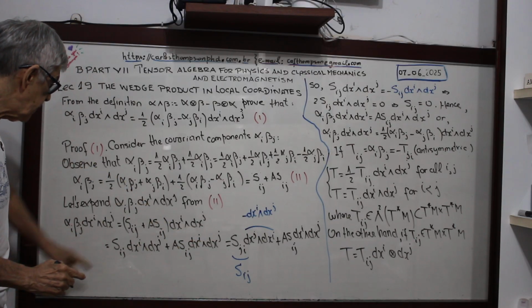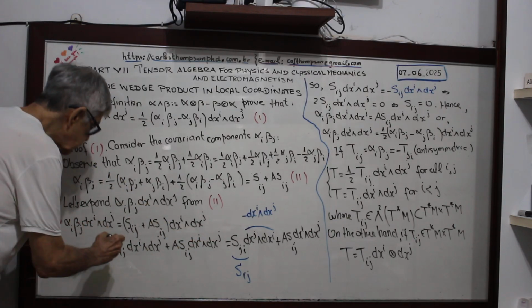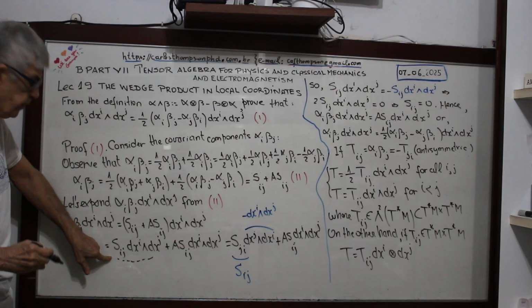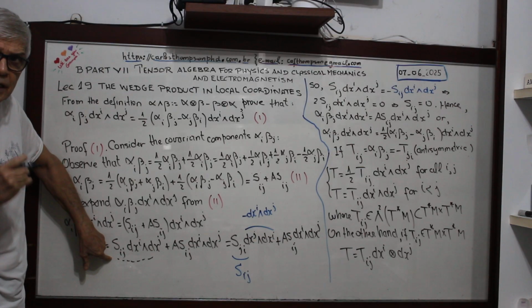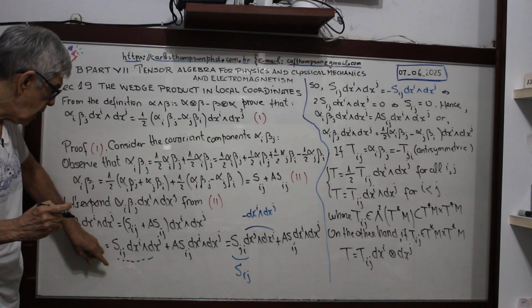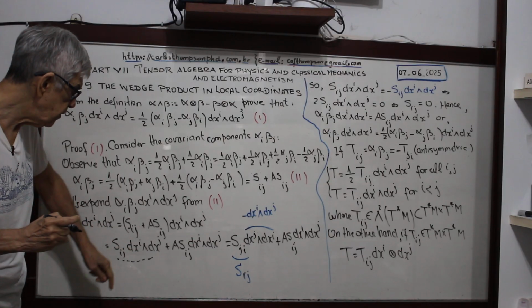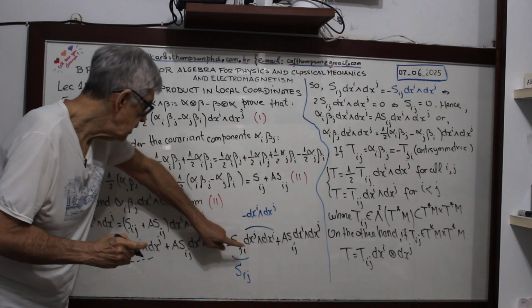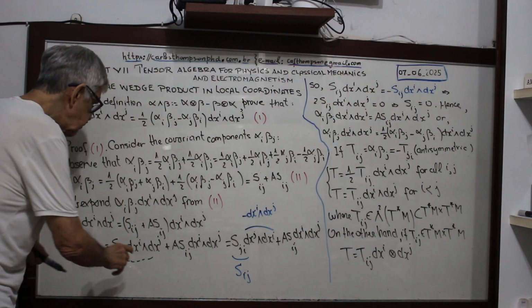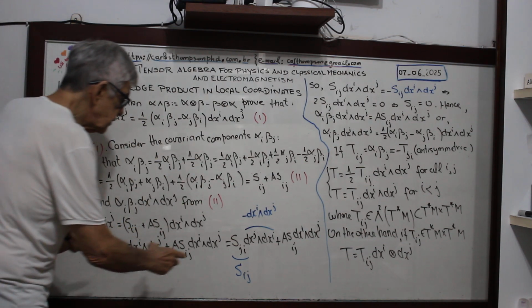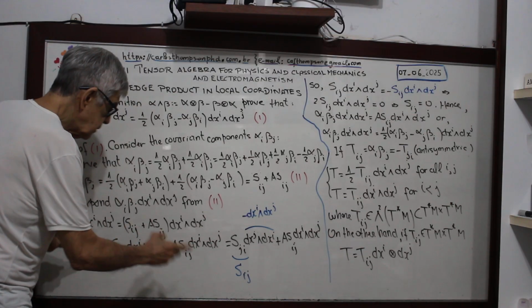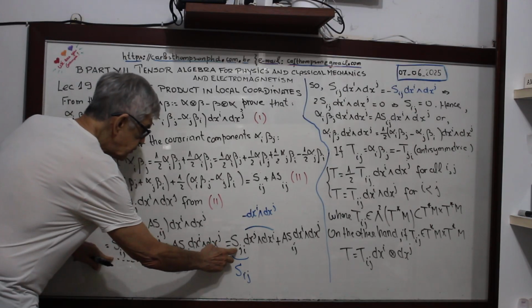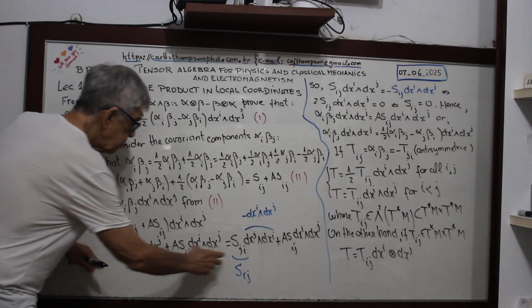But attention now: in this term, i and j are dummy indices, so I can exchange them. I substitute i by j and j by i.